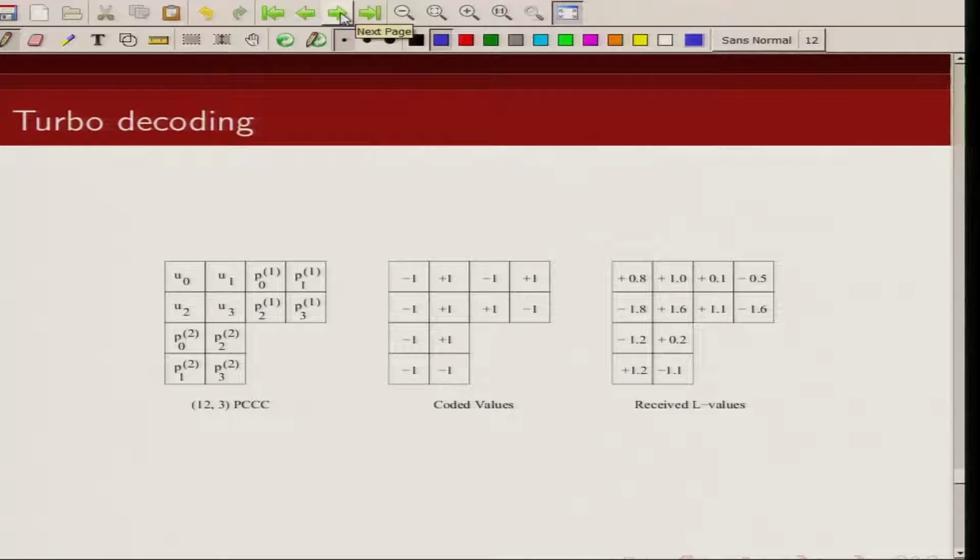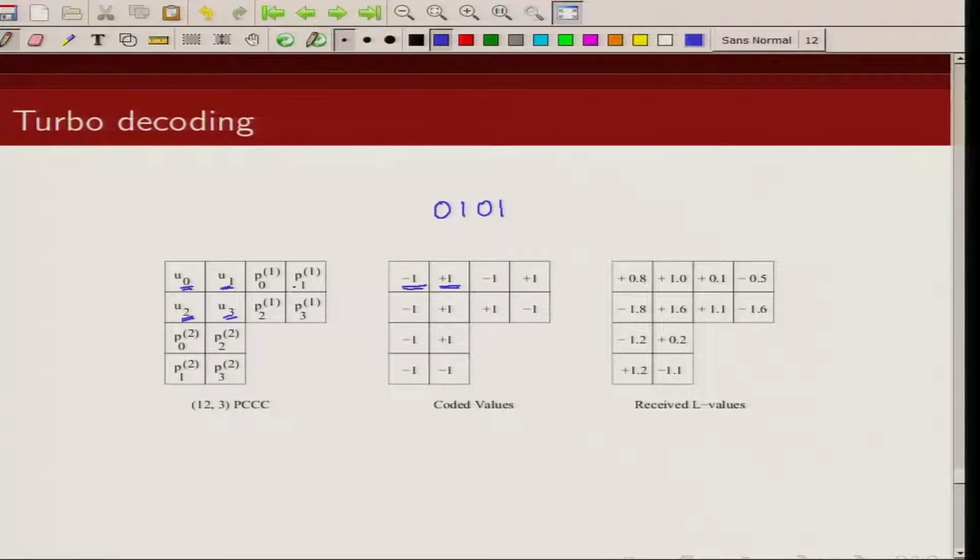These are my information bits U0, U1, U2, U3. As I said, if it is a 0, I am mapping it to -1, and if it is a 1, I am mapping it to +1. So the information sequence here is U0 is 0, U1 is 1, U2 is 0 and U3 is 1.